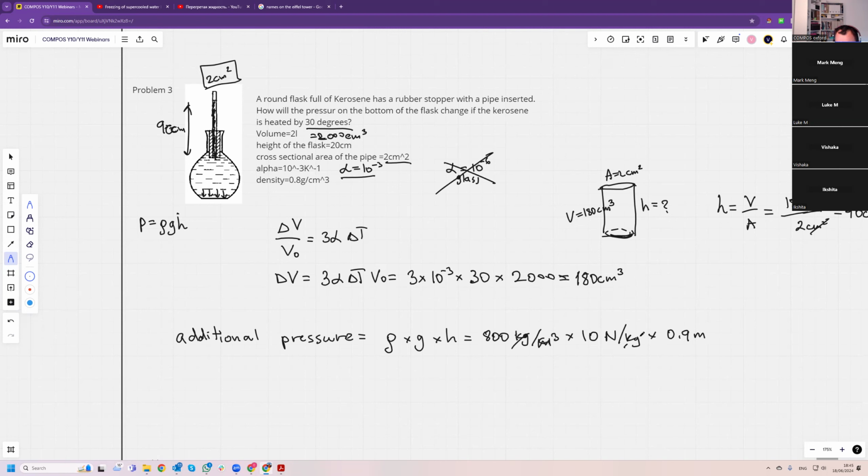So kilograms cancel. Meters cancel, it becomes meters squared. And we get 9 times 800, 7,200 newtons per kilogram. Oh, sorry, newtons per square meter.